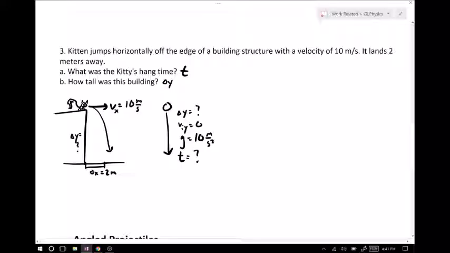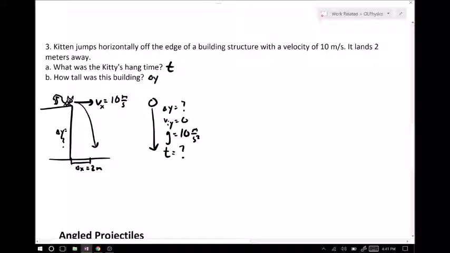Well, this is a little bit harder because we've been so used to solving for time that we can't do it this time. What we can do instead is find the time from a different angle. In this part, we weren't really given anything to work with in the vertical direction, but we're given a lot in the horizontal direction. If you look at it, we have this and we have that.